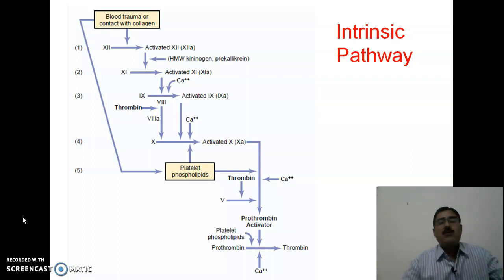As in the extrinsic pathway, there is formation of prothrombin activator which converts prothrombin to thrombin. So this is basically the first step if we consider the broad steps of blood coagulation.